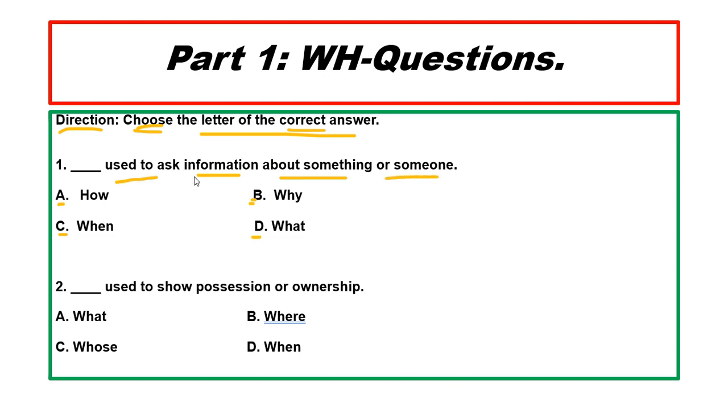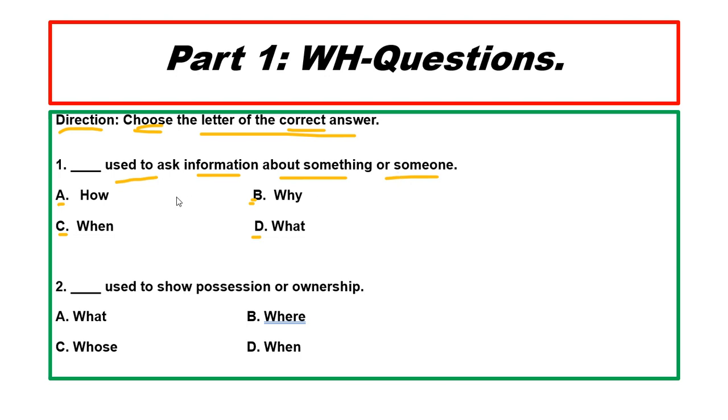It is used to gather information or details about something or someone. What is this one? A, how, letter B, why, letter C, when, or letter D, what? What do you think? We used to ask information about something or someone. For example, what is this? What is that? What is your name?